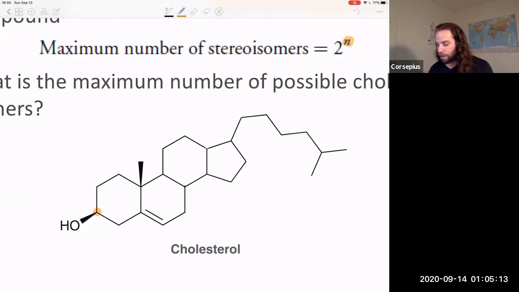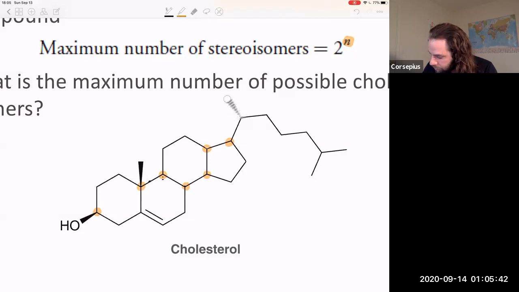So here we have 1, 2, and then notice where these rings connect. I have 3 bonds and a hydrogen. If it was symmetrical in such a way about that connection, then it wouldn't be a stereocenter, just as is always the case. But in this case, these are 3 distinct bonds, so that is going to be another stereocenter. Same down here. So 1, 2, 3, 4, 5, 6, 7.